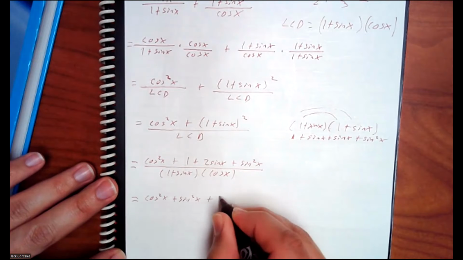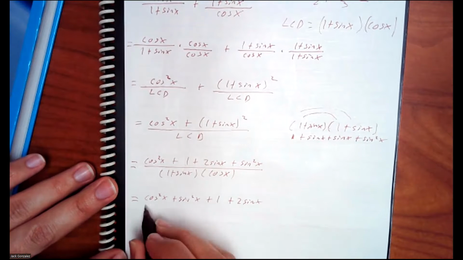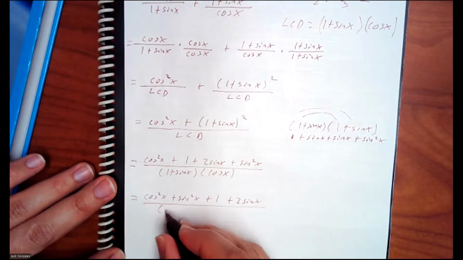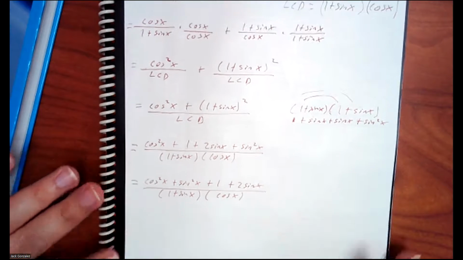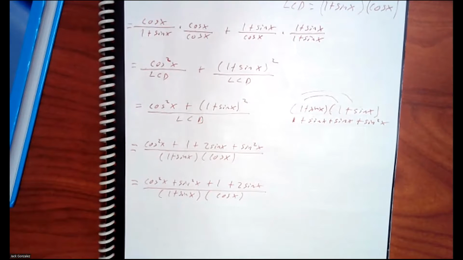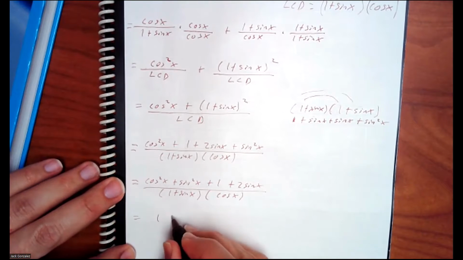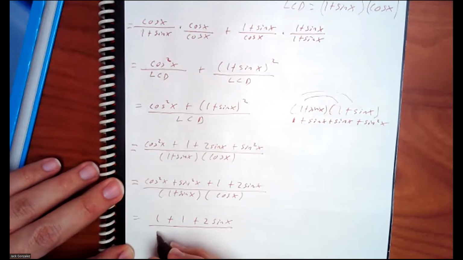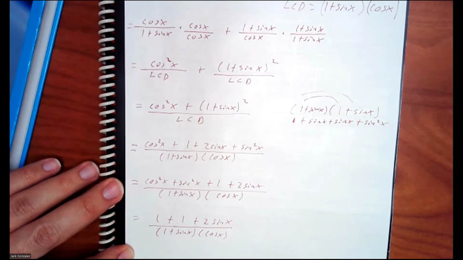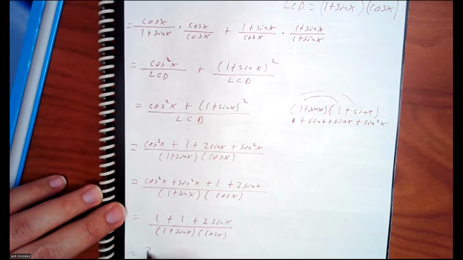You don't have to, but this right here is a 1. So we get 1 plus 1 plus 2 sine, which gets me 2 plus 2 sine over 1 plus sine cosine.